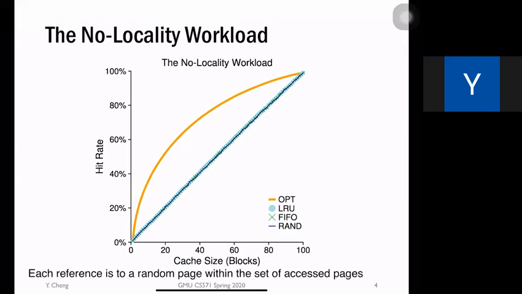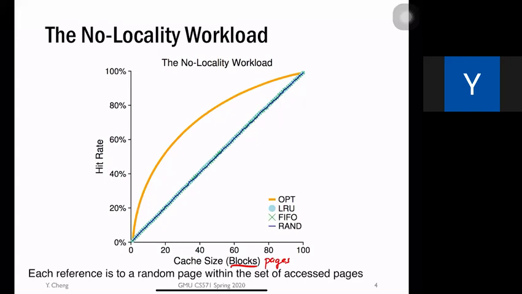Here is the two-dimensional plot shown in this slide. To interpret it, the x dimension shows the cache size in terms of the total number of blocks or pages. Blocks are essentially equal to pages.